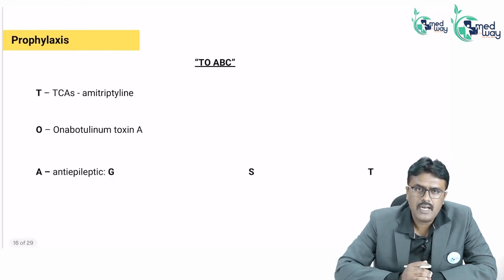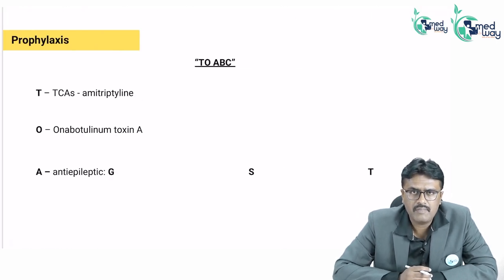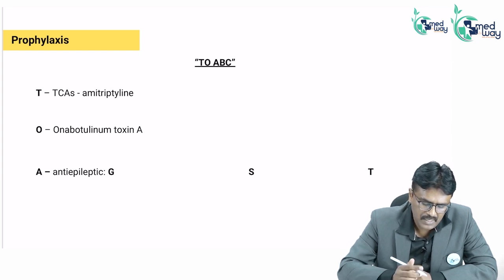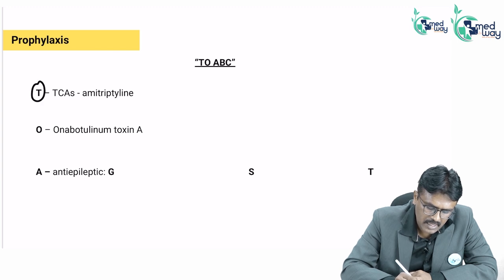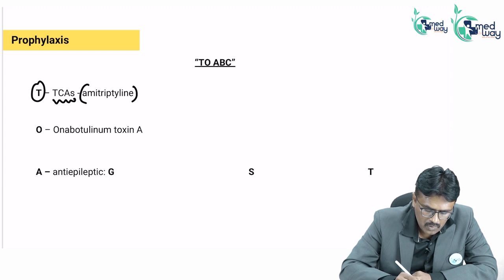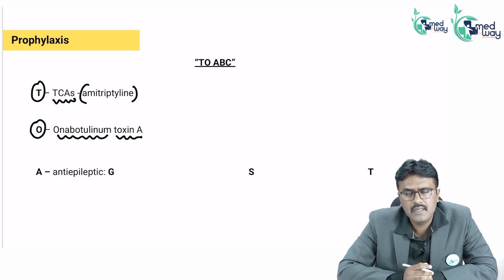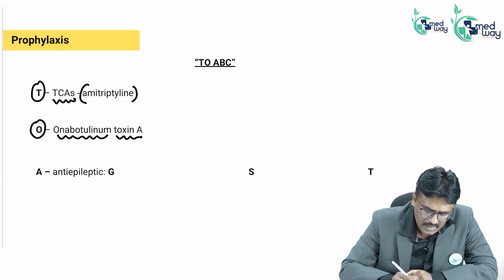Okay, sir. Now that I understand the drugs for acute attack of migraine, it's time for prophylaxis. I don't want the patient to develop migraine again and again. The mnemonic is 2ABC. T stands for tricyclic antidepressant, the name is amitriptyline. O stands for a toxin called onabotulinum toxin A, and we discussed that when we discussed botulinum toxin in the ANS pharma.